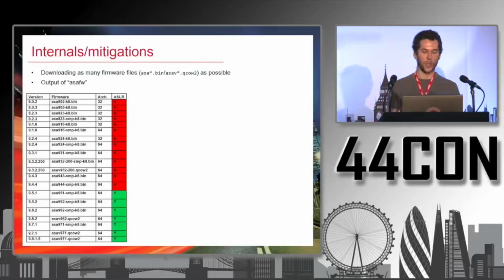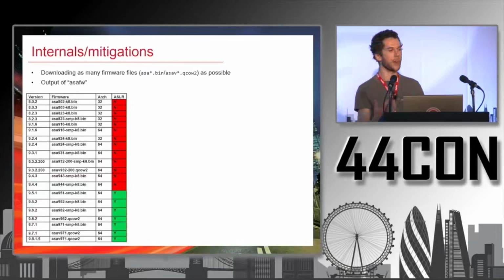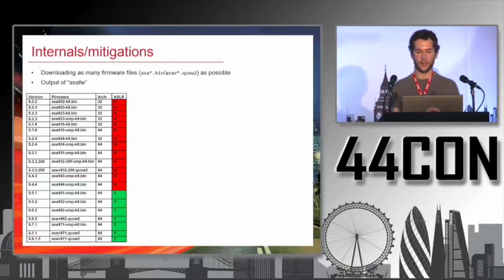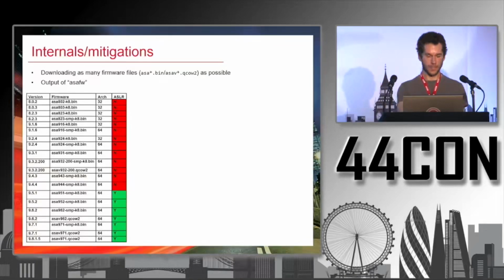So the first thing we can do is look at the ASLR, whether it's enabled or not, just looking at the VA randomized ASA flag set for the Linux kernel. And we can quickly see that they enabled the ASLR at some point after 9.5.